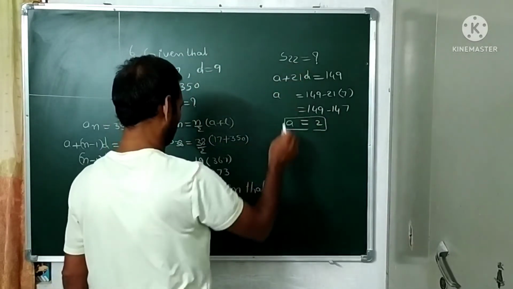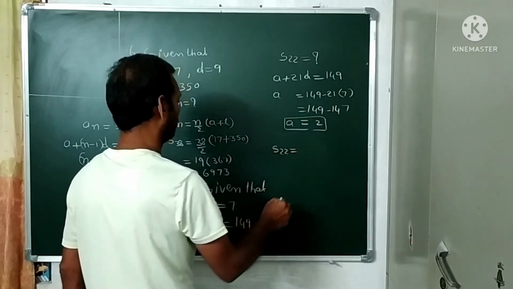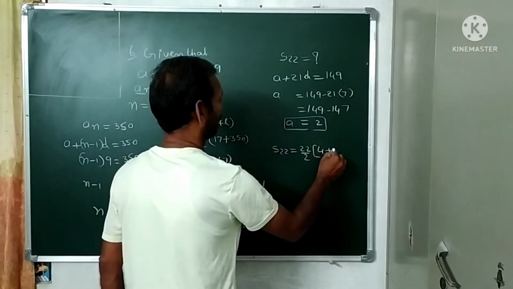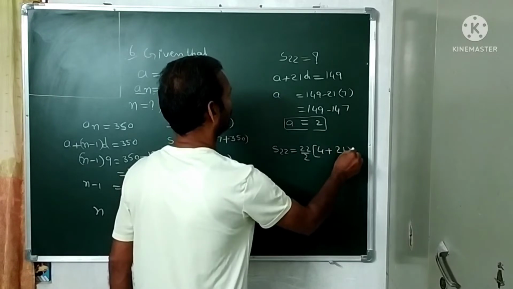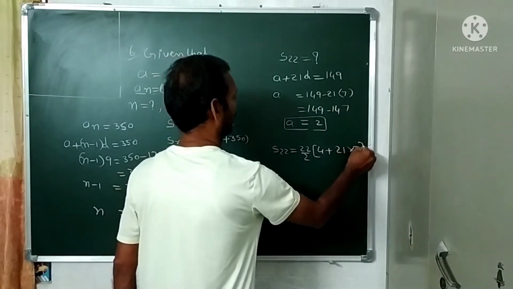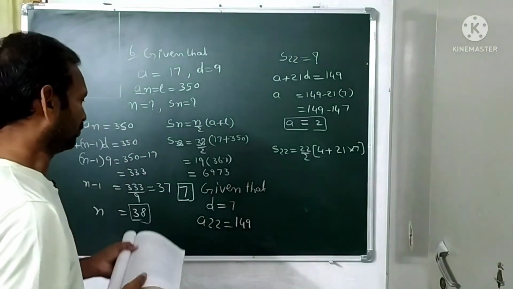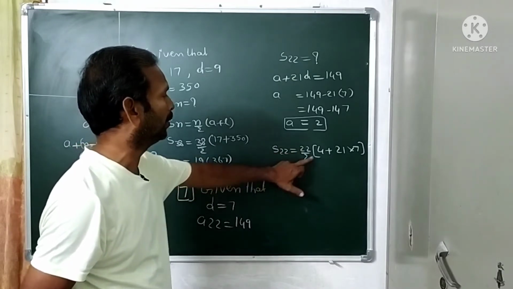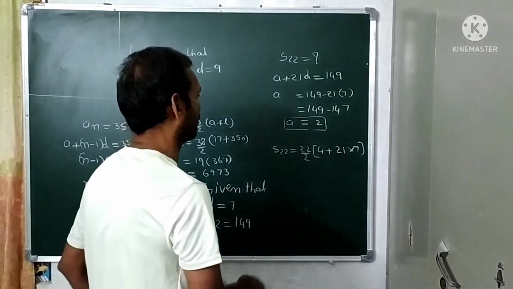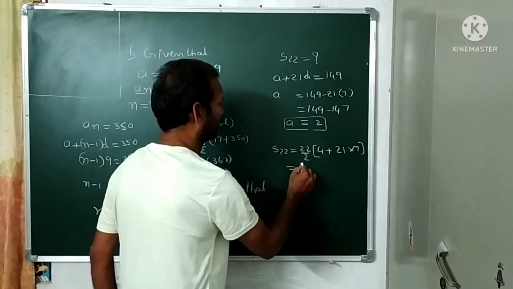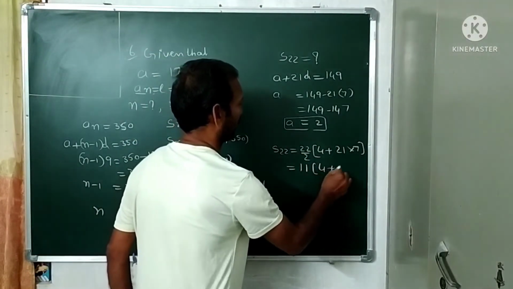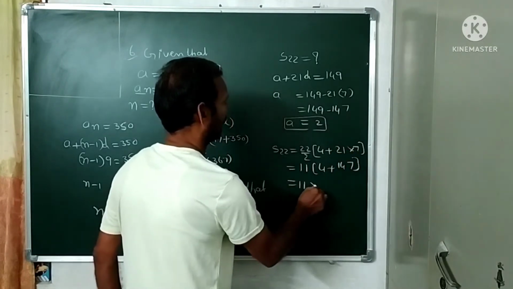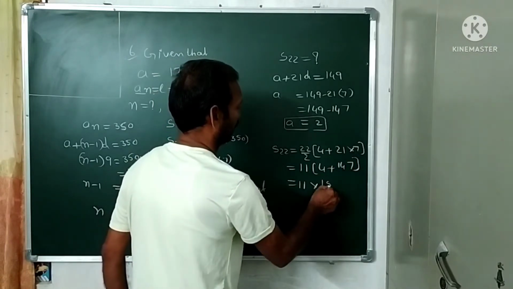After that, S22. S22 means 22 by 2 into 2A plus n minus 1 into D. So 22 by 2, 11 times 4 plus 21 into 7. 21 times 7 is 147. 11 into 147 plus 4, 151.